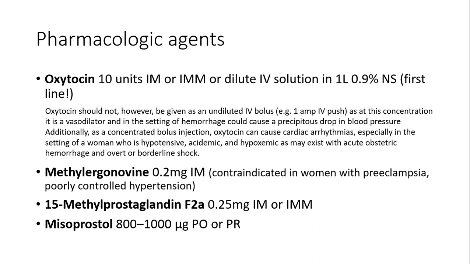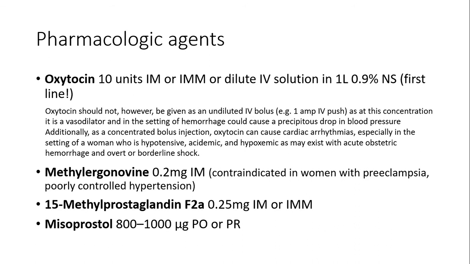The next agent is methylergometrine, which is usually prescribed at 0.2 milligram intramuscularly, but is contraindicated in women with preeclampsia or poorly controlled hypertension, because it may induce hypertension.